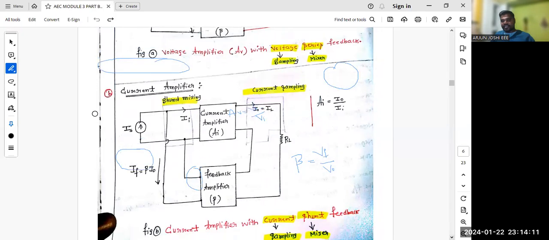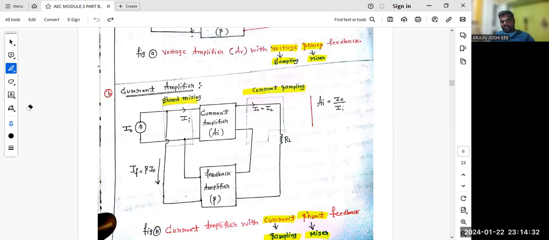The second one is the current amplifier connection. How to write this one? First, I'm going to rub the board. As per our earlier analysis, how should we understand the gain equation?